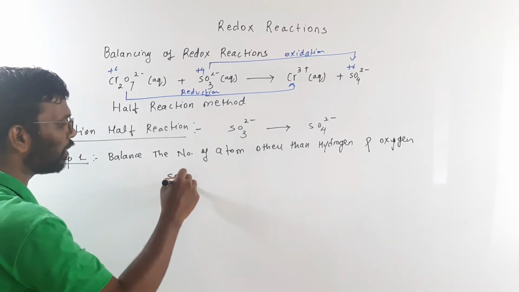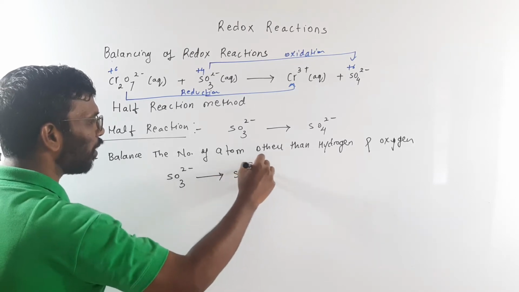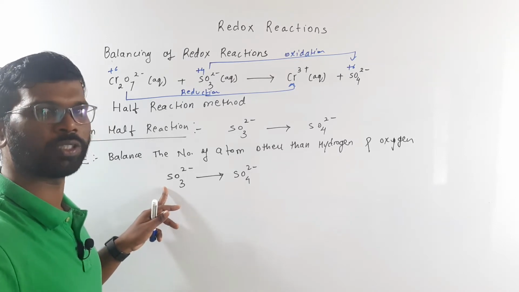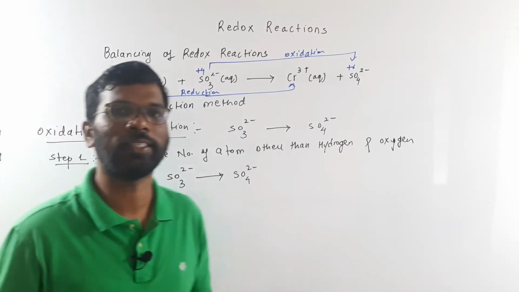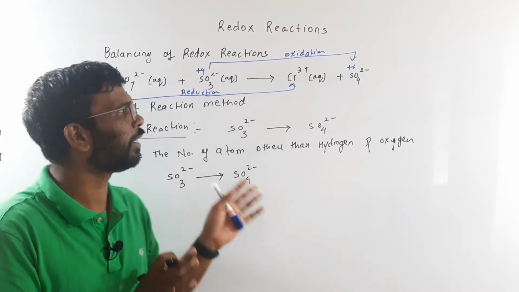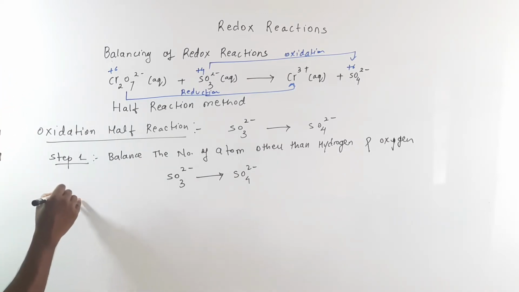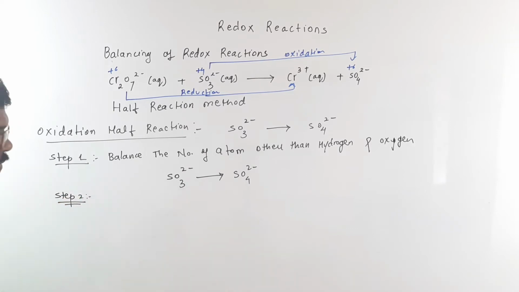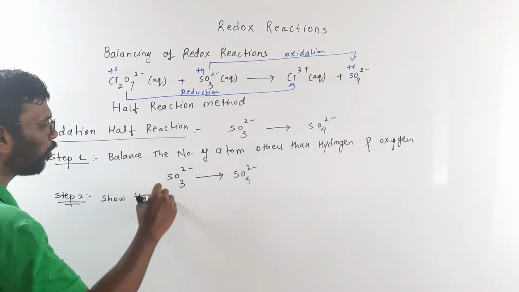Is there any need for me to balance the atoms other than oxygen and hydrogen? There is just sulfur, right? There is one sulfur on this side and one sulfur on the other side also. So in this case, I don't have to balance. Second step, step 2, is to show the transfer of the electron.